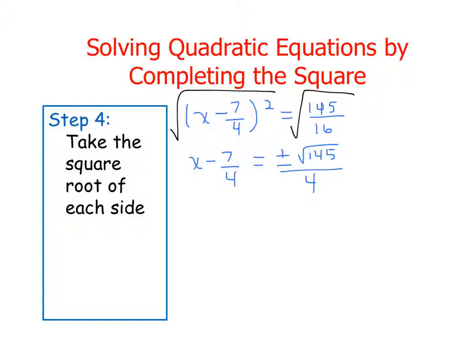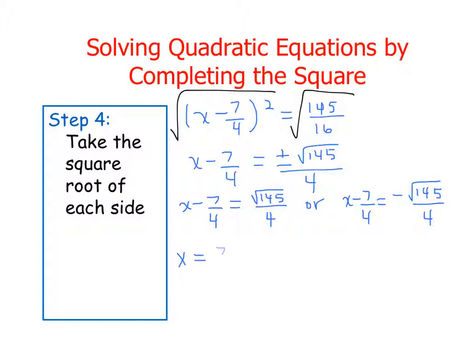Now we're going to write our two separate equations. x minus 7/4 equals positive square root of 145/4, x minus 7/4 equals negative square root of 145/4. And at this point, we add 7/4 to both sides, and that will give us our two solutions.